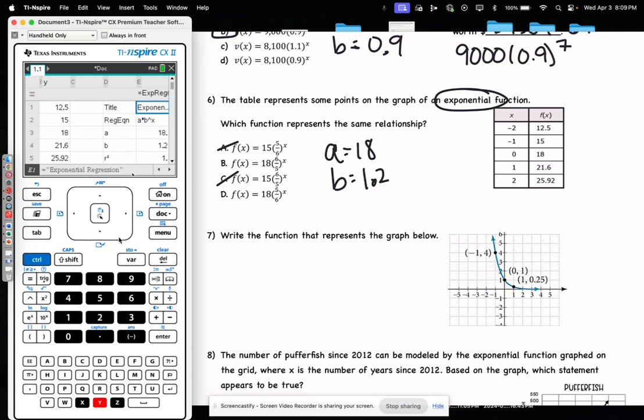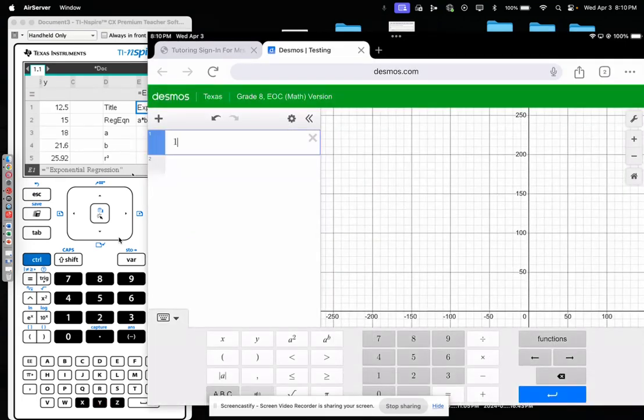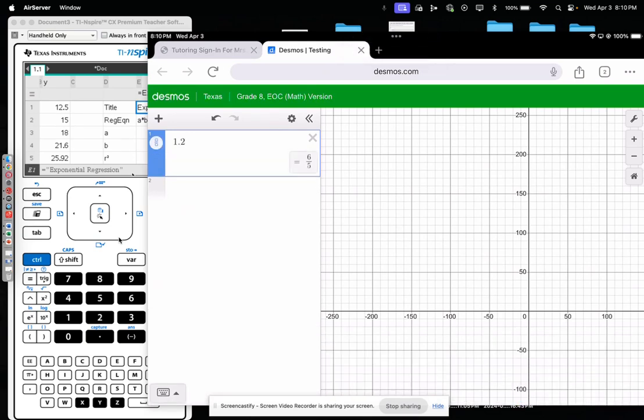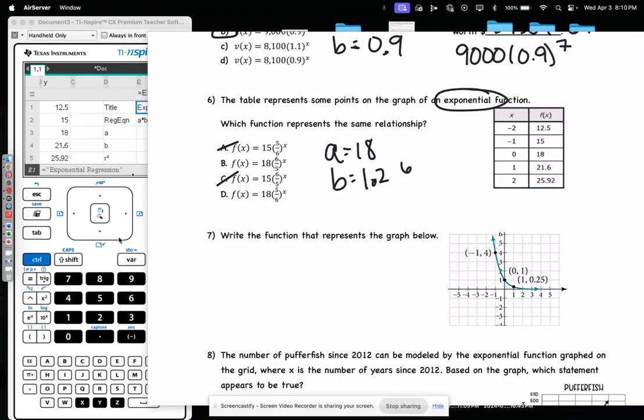So at this point, you could go to Desmos, type in 1.2 and then click the little fraction button, 6/5, so that you could see, in fact, it would be answer B.